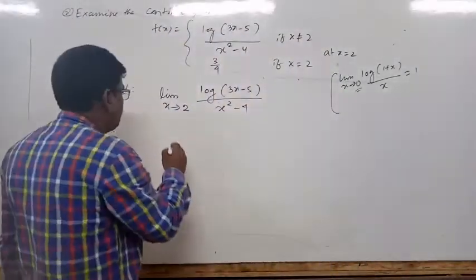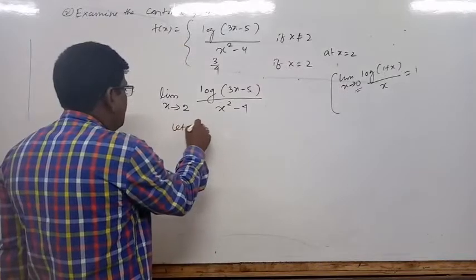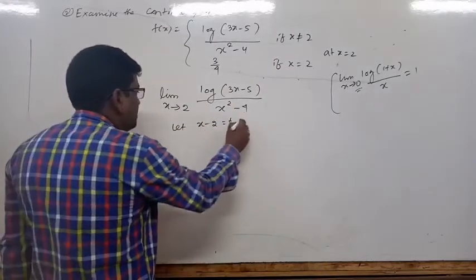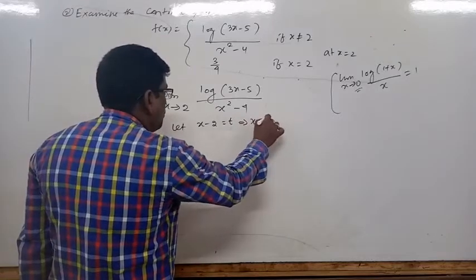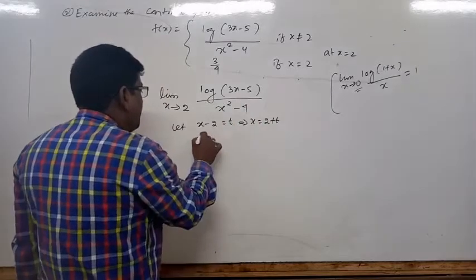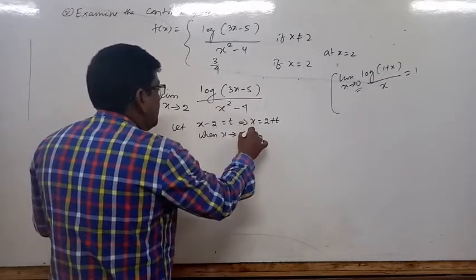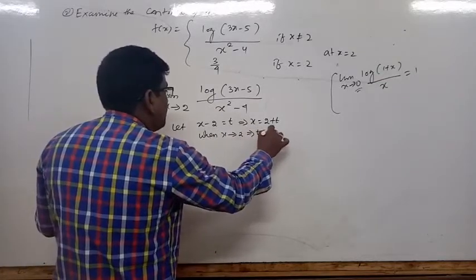Let x minus 2 is equal to t. Replace x is equal to 2 plus t. When x tends to 2, then t tends to what? t tends to 0.